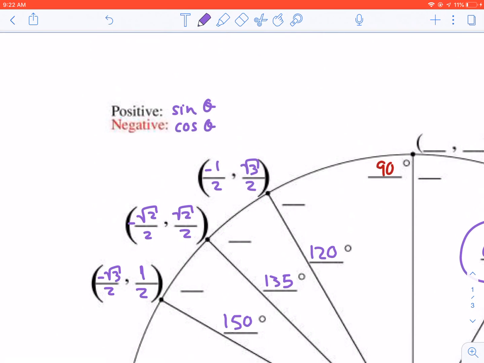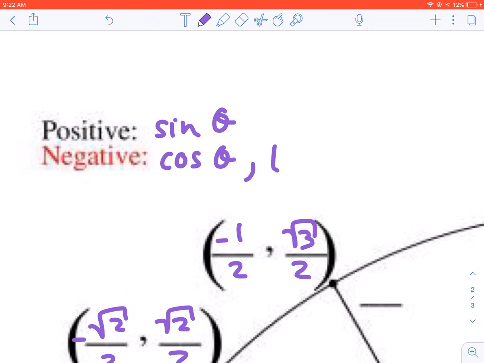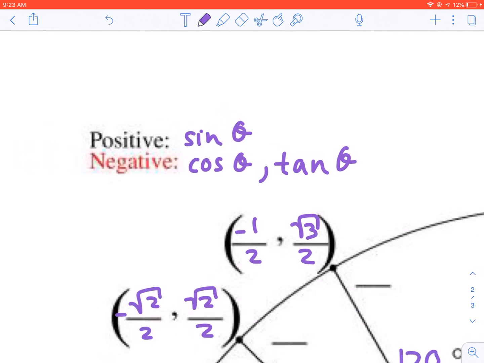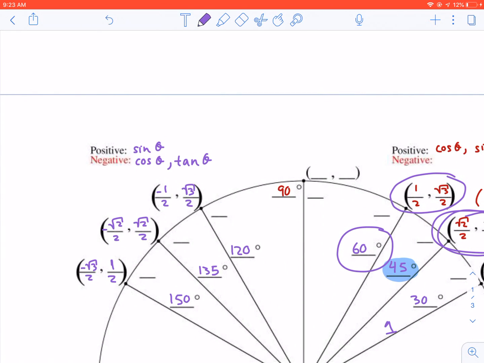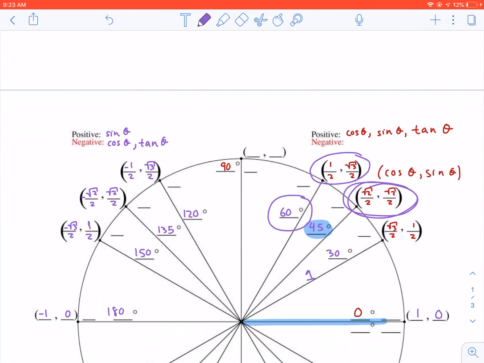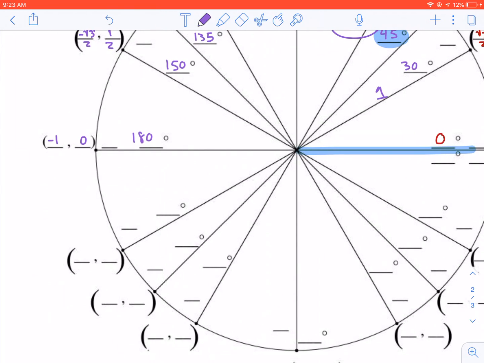If you go back to this one, tangent would also be negative, right? Because it's sine over cosine. Sine is positive and cosine is negative, though. So positive divided by negative is negative.